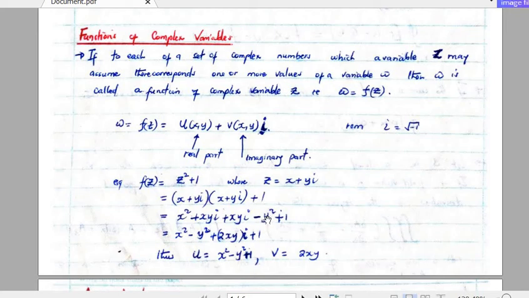So we have negative y squared, and there was a +1 which we had in our function. We want to simplify this expanded form so that we end up with a u part and a v part, which are our real and imaginary parts. So you bring this 1 together with negative y squared and x squared to form x squared minus y squared plus 1.